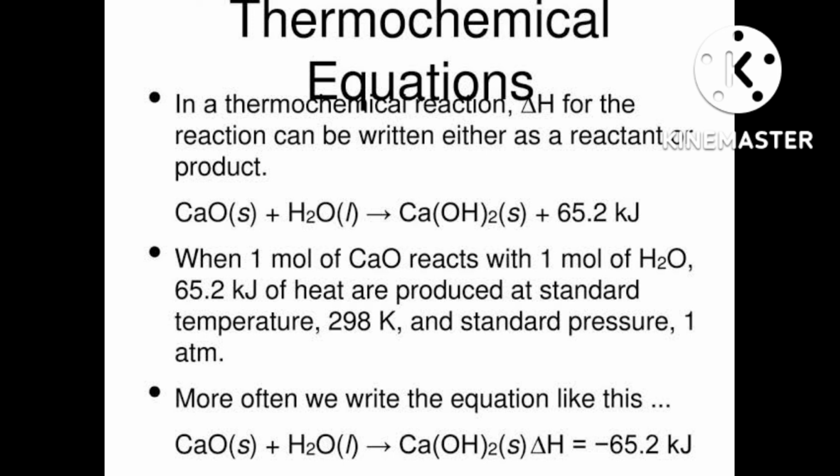Because the reaction is going on the basis of a mole, not the molecule, that's why it is called mole of reaction.